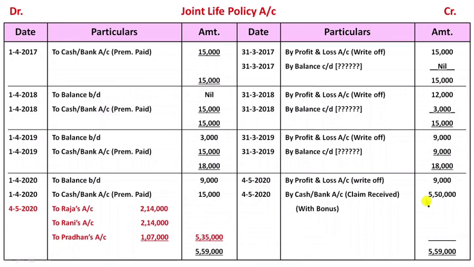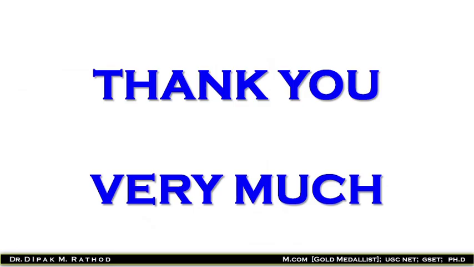Clear, dear student? So this is how you can solve the practical example of Method 4 for joint life policy accounts. Thank you very much. Have a good day. Jai Hind, Jai Bharat.